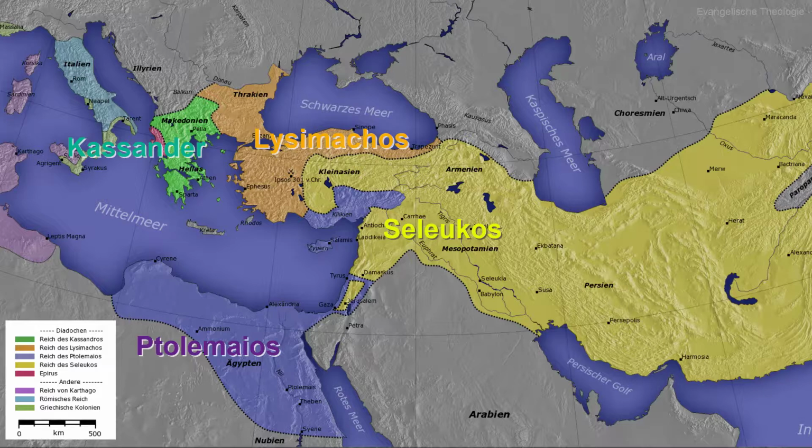And finally it happened that these four generals of Alexander, the Diadochi, divided the empire of Alexander among themselves. Lysimachus and Cassander lived in Greece and in the Macedonian area, more or less on the European and Asian side of the Bosporus. Seleucus and Ptolemy were settled in Asia Minor and the Near East.